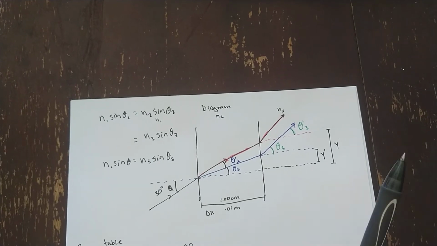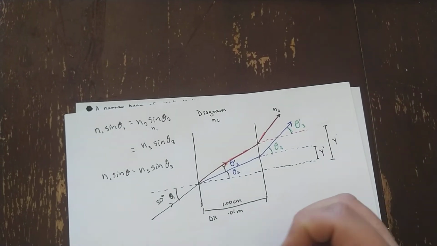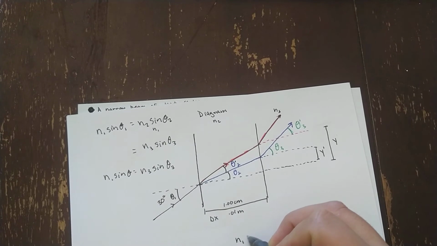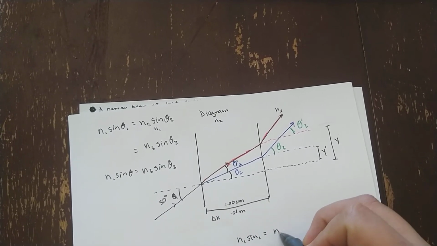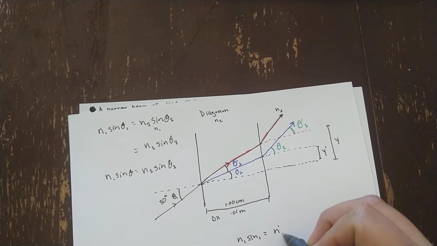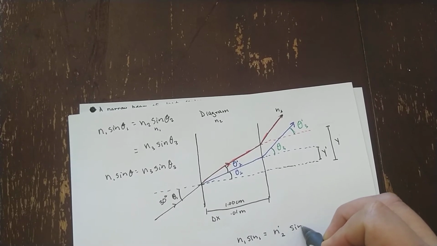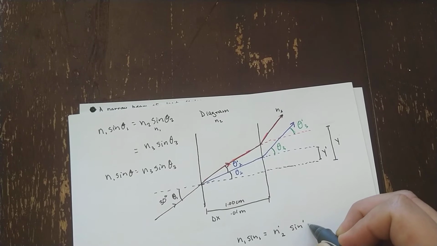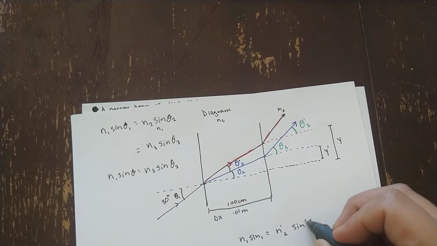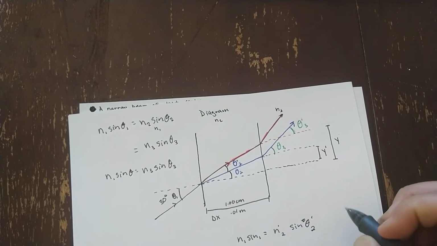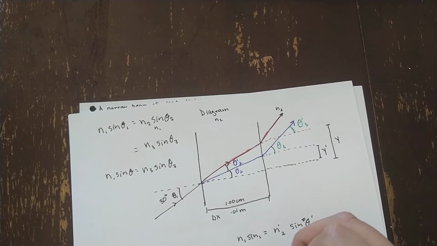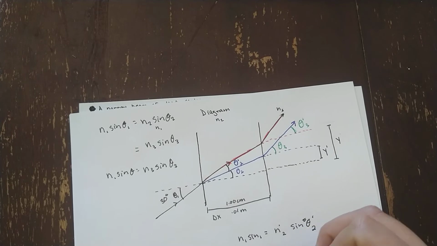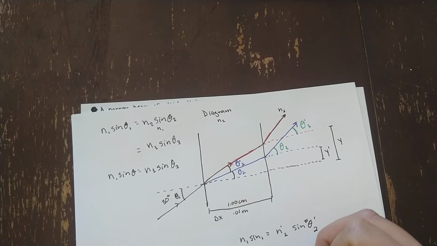So we also need to note that N1 sine theta 1 is equal to N prime of 2 sine of theta prime 2, and that is also equal to N3 sine theta prime of 3.